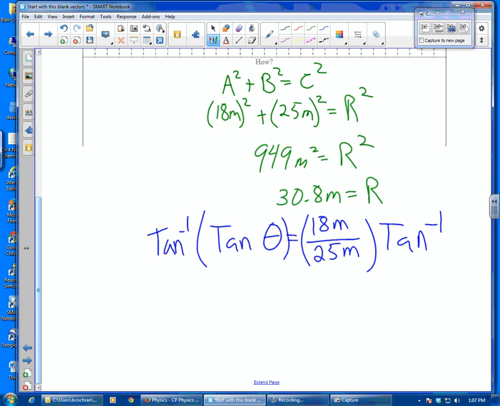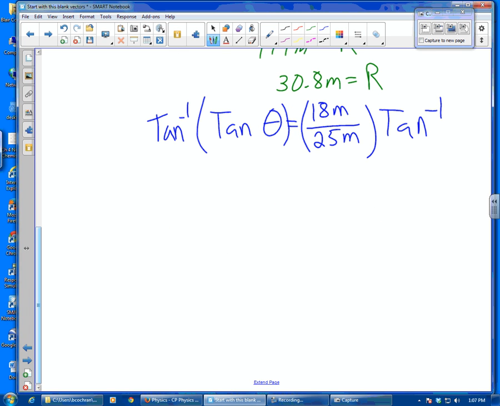All right? And tan to the -1, what would tan over tan be? It'd go away, right? Not 0. It'd go away and I'd be left with theta. Not exactly how the math works, but it's close enough for understanding. Tan to the -1, therefore, of 18 meters over 25 meters. And then I do that.